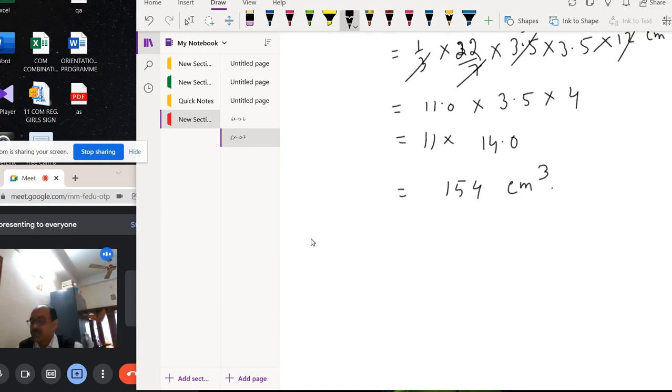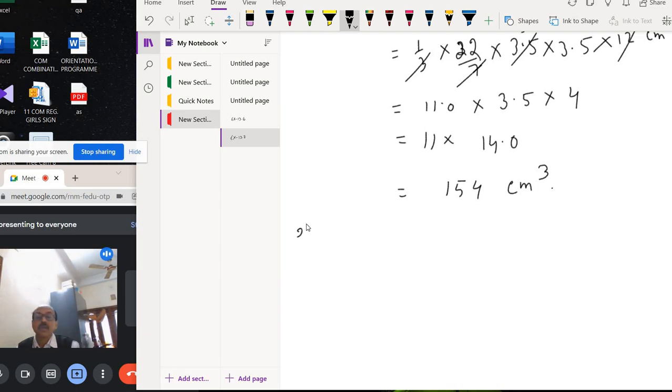Question number 2: find the capacity in liters of a conical vessel. Radius is given as 7 centimeter and slant height is 25 centimeter. We know the capacity formula is 1 by 3 pi r square h, so we have to find h.